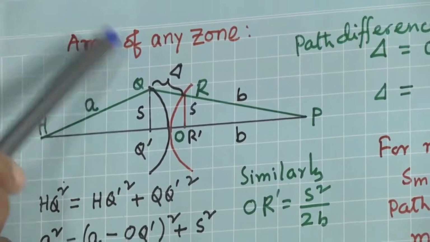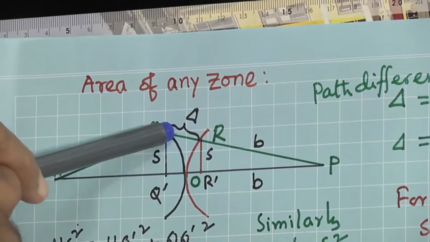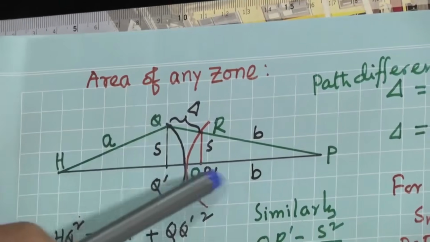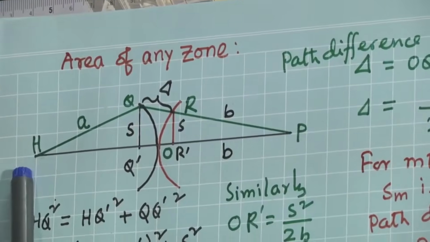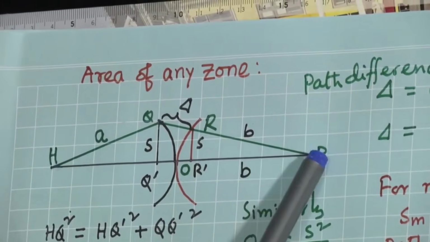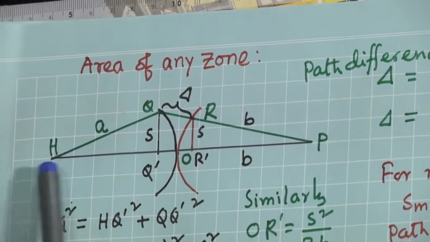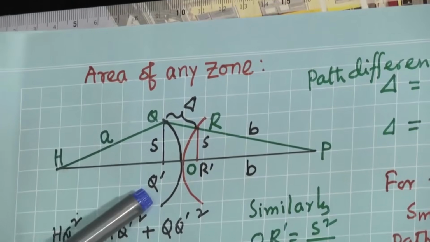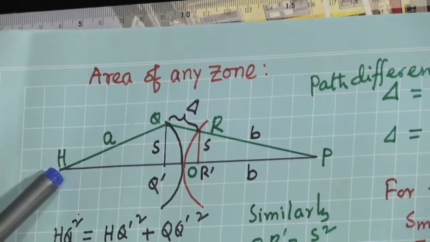But if you take a normal from Q on this line, that Q dash is the footprint on this line.